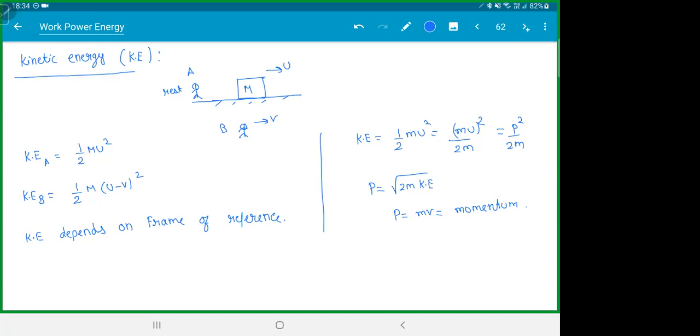Vartika, clear so far? Niranjan, Aditya, clear with this?